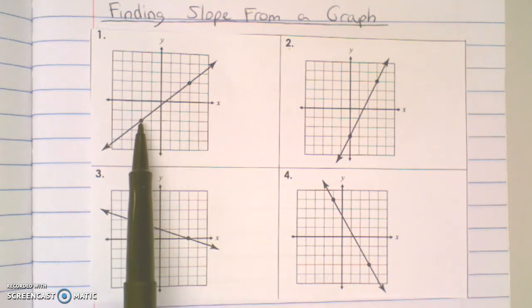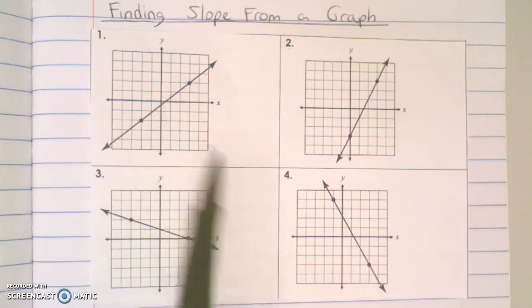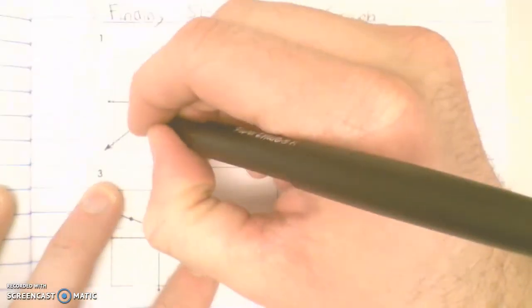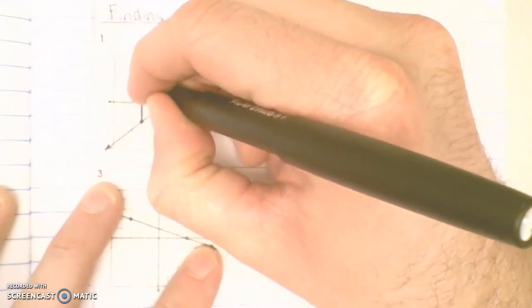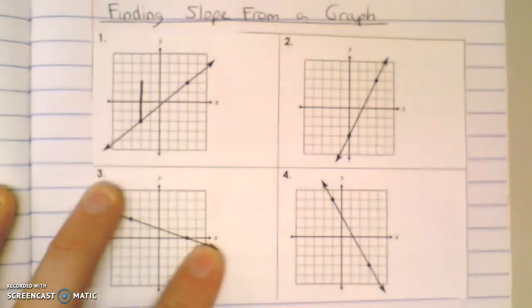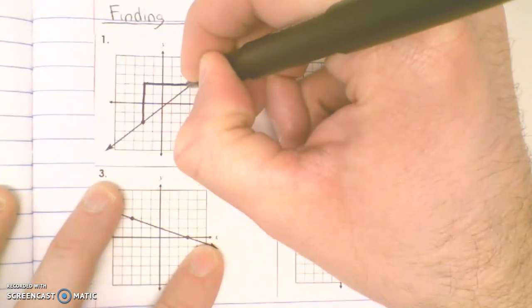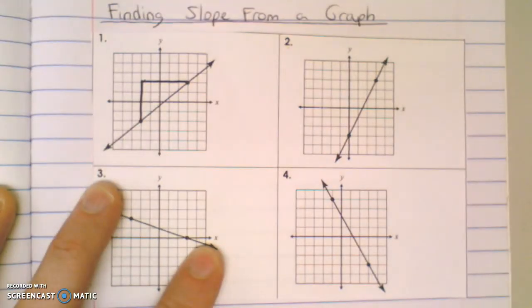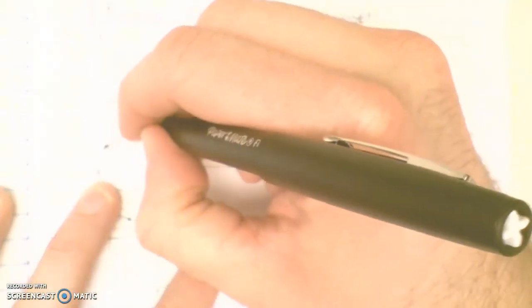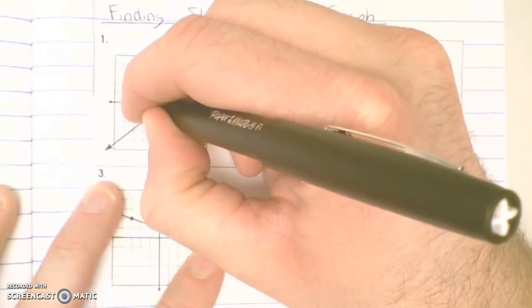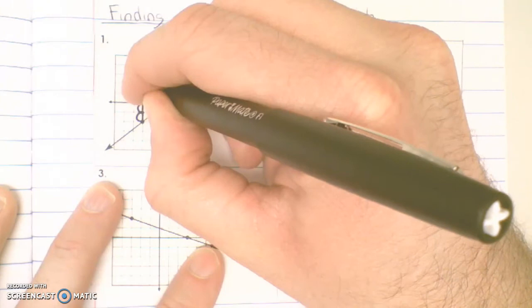So starting here, I have to move up to get to this point. So I'm going to draw a line just to kind of signify which way up I'm going. And then to get over, I have to shift to the right. So to calculate the slope here, I'm just counting how many spaces am I moving. 1, 2, 3, 4.